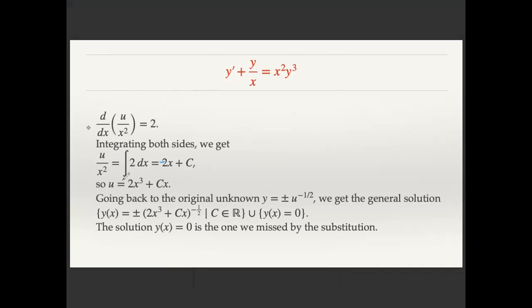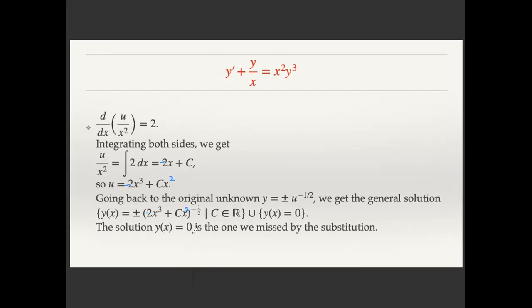So this is minus 2x cubed plus cx squared. Yeah, and that's not a 3. So let's undo this. Plus cx squared. Okay. So this is minus 2x cubed here plus cx squared.